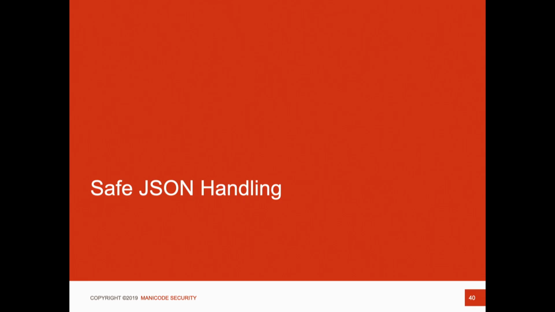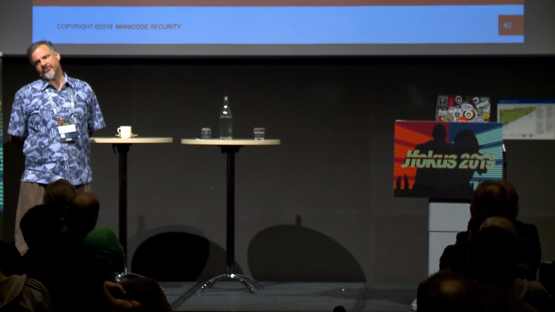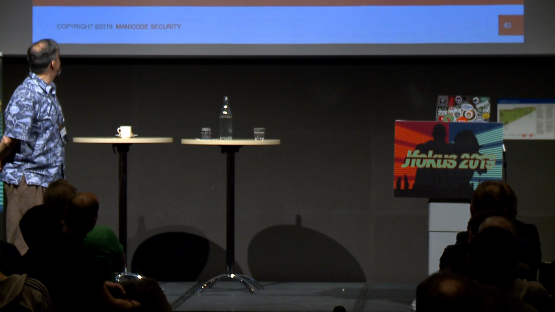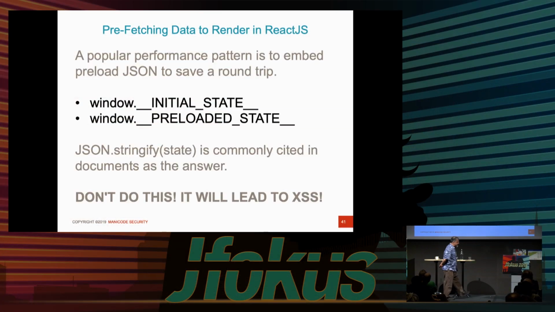One of the performance patterns of user interface development is not to do an initial AJAX request to fetch your initial content, right? And so what we see React documentation suggesting is to take your initial JSON and just embed it in window initial state or window preloaded state.